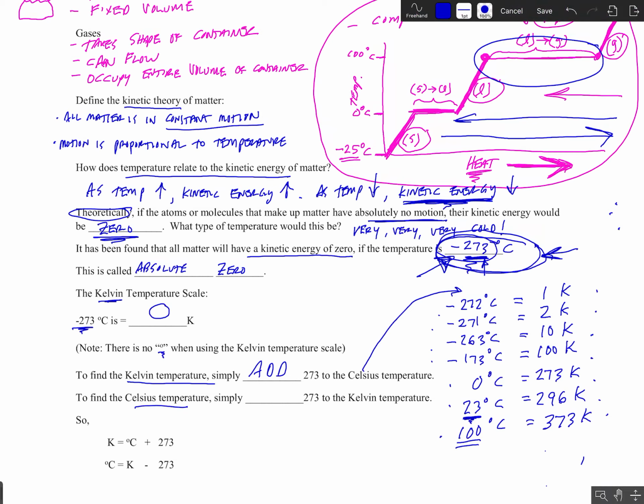And if we want to find the Celsius temperature, and we know the Kelvin temperature, don't we subtract 273 from the Kelvin temperature to find the Celsius temperature. So there's an equation here at the bottom of your notes that will help you with that. We're going to practice this on the next video. Okay, Celsius to Kelvin. Remember, the Kelvin temperature scale is based on the absolute coldest possible temperature. We decided to call that 0. That sort of kind of makes sense, doesn't it?